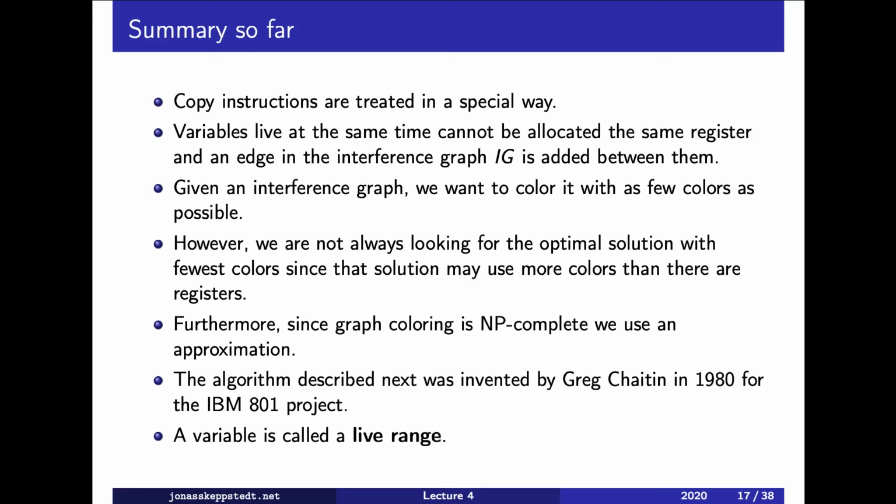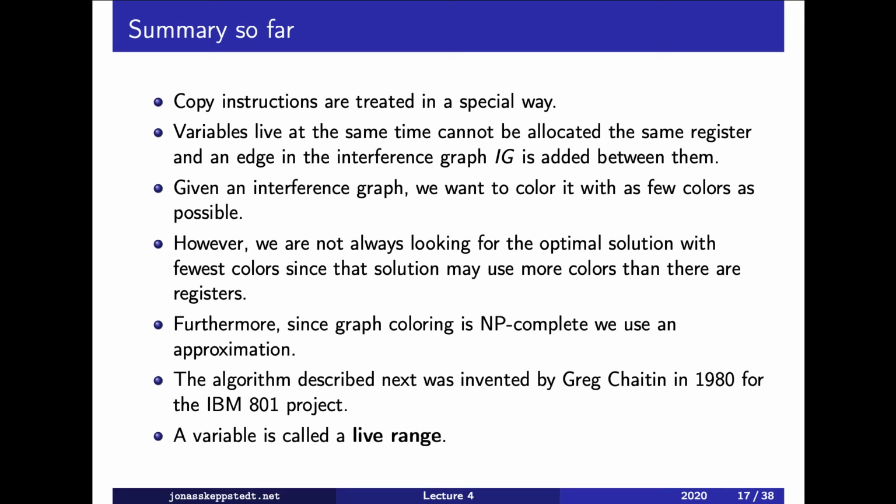Then we want to color this interference graph with as few colors as possible, but we are not always looking for the optimal solution. Of course, it's good if we find an optimal solution which uses so few colors that there are enough registers in the machine.